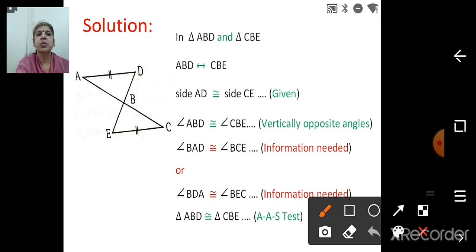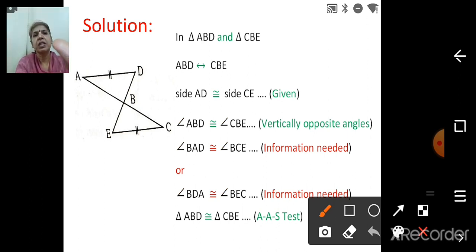Now these two things are given and we want information needed. Now which is that information needed? We need one angle. So that angle can be angle BAD congruent to BCE. If we are taking BAD, then we have to take BCE. So angle BAD congruent to angle BCE, that is the additional information needed.